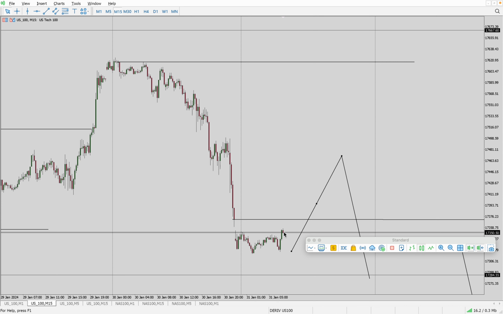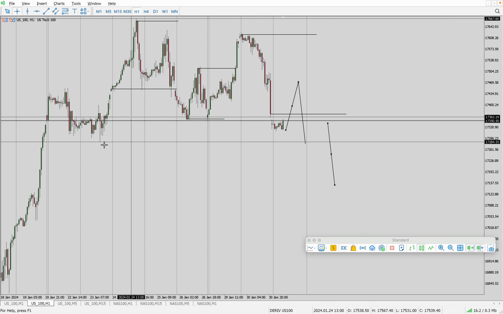So what we can see is a move to the low to take out this liquidity. We can see a probable draw into the sell side liquidity. It's beneath these relative equal lows, and also it's beneath that weekly low. I think this is the low of the week from last week.